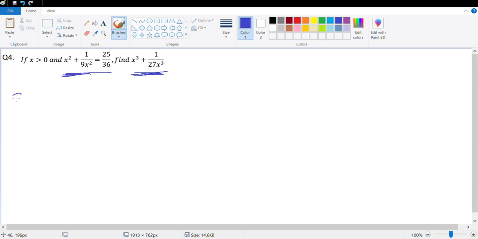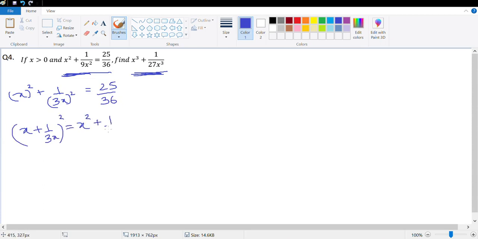This is x square plus 1 upon 9x square, which means what I can get is, if I write this as x plus 1 upon 3x the whole square, this will be x square plus 1 upon 9x square plus 2 times x into 1 upon 3x.